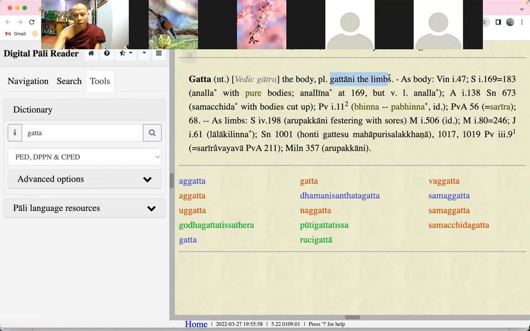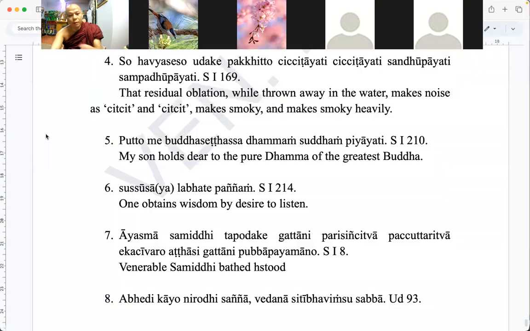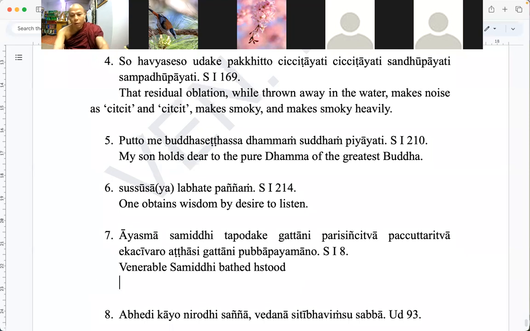Okay, the limbs. And then together with that, as a phrase, gadani brisenjeti. Brisenjeti means sprinkle. So now this one phrase we should understand.